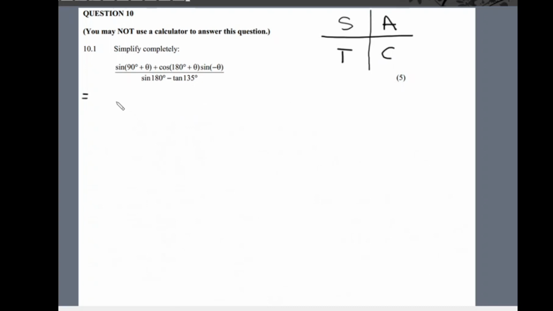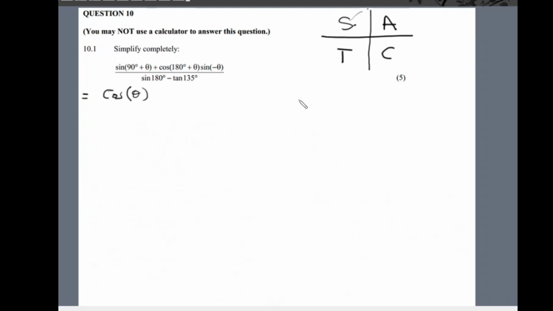So now sine 90 plus theta will be reduced to cos theta. 90 plus theta means we are in the second quadrant, and in the second quadrant sine is positive.